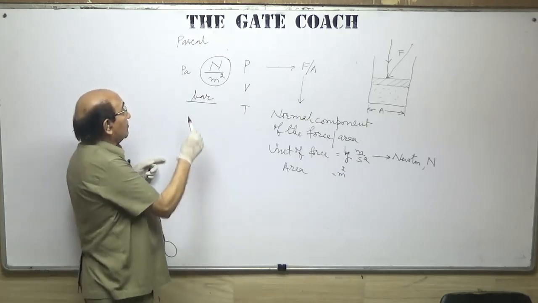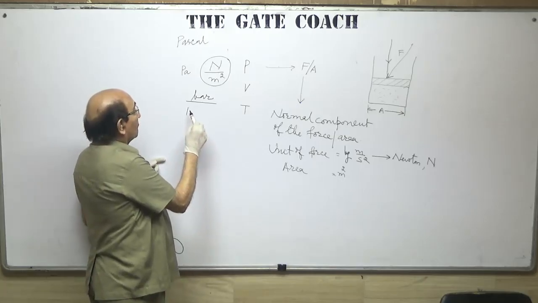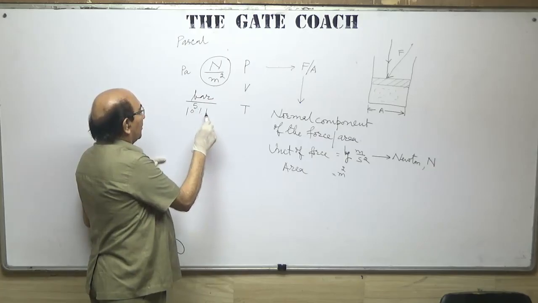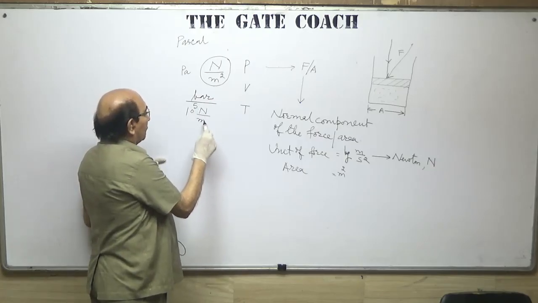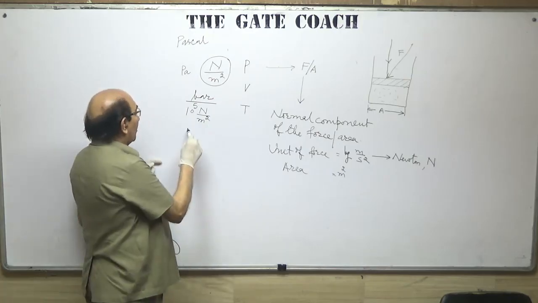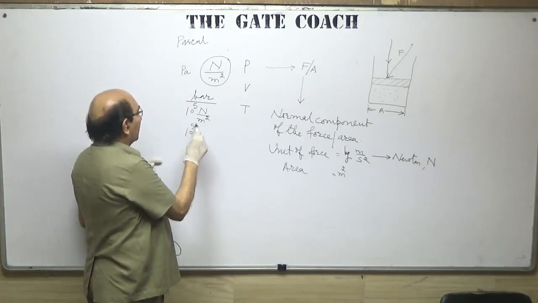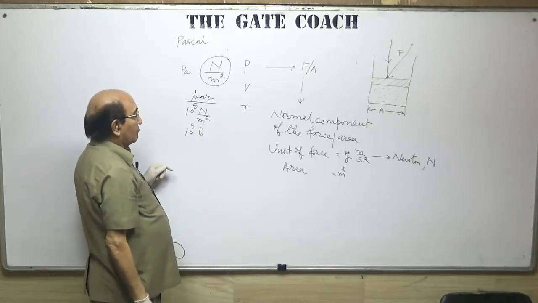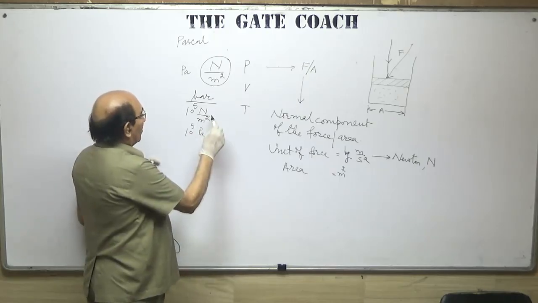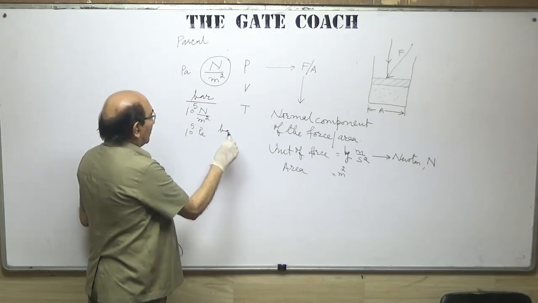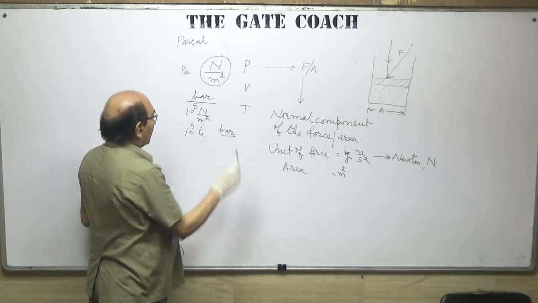What is 1 bar? 10 raised to the power 5 Newton per meter square. 10 raised to the power 5 Pascal. The term is used as 1 bar.